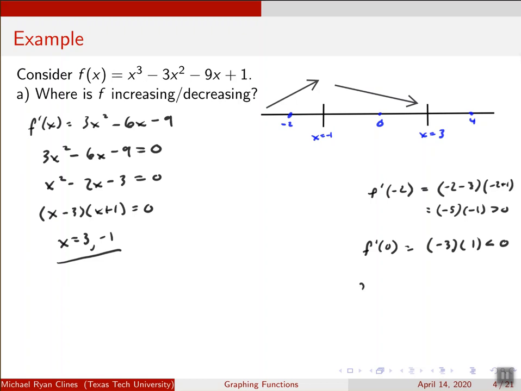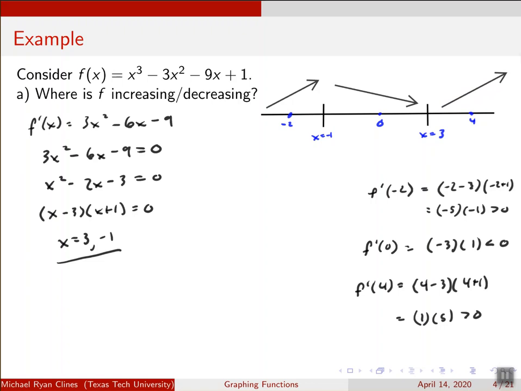And now we're going to calculate f prime of 4. F prime of 4 is equal to 4 minus 3 times 4 plus 1. Well, that's equal to 1 times 5. But that's a positive number times a positive number. So that's greater than 0. And so that means during this whole interval on the right, this function is increasing.